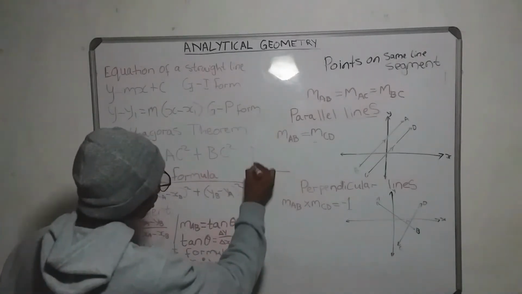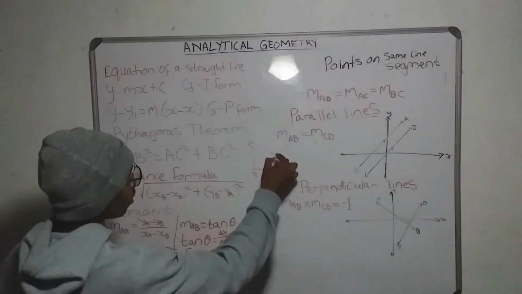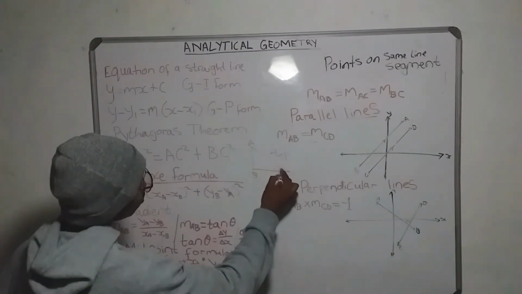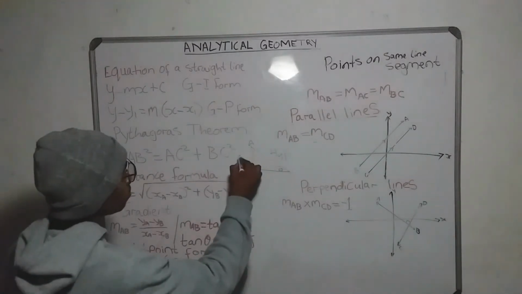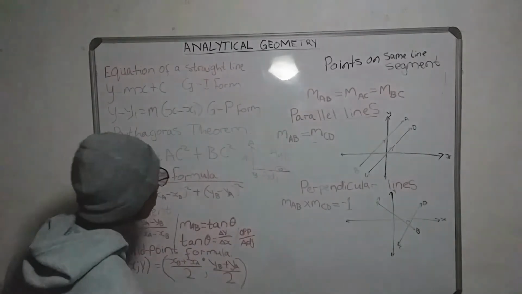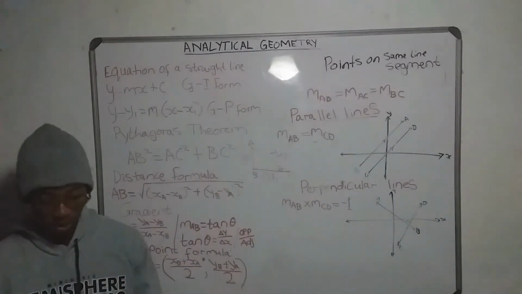This is your right angle triangle, A, B, C. Therefore, you have your hypotenuse there. You have your angle theta right over there, making this your opposite, and then this your adjacent. So we are using this formula when calculating either of the sides right over there.